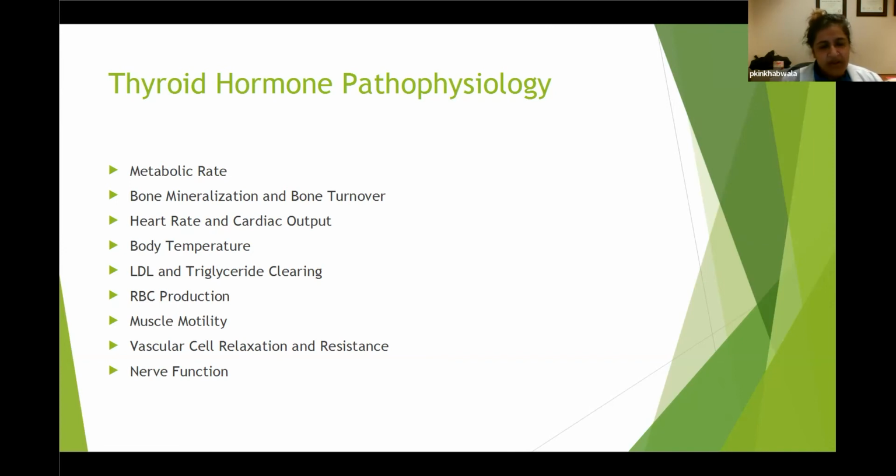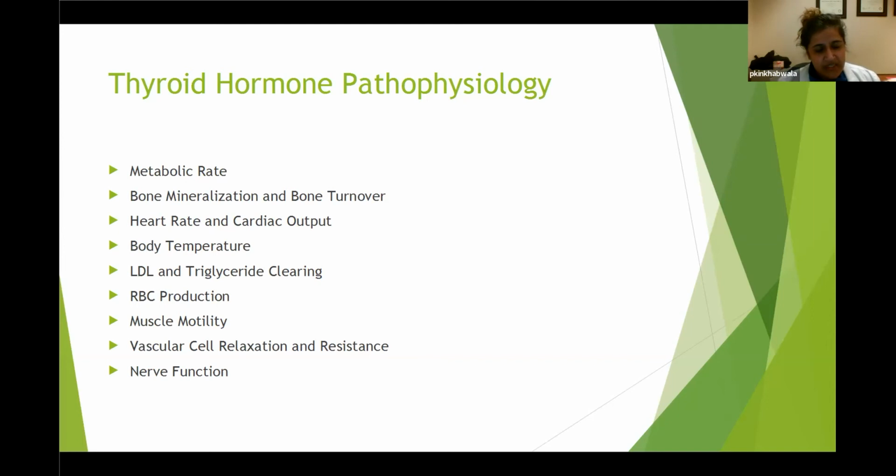And so that's another reason why we want to make sure that we're keeping that thyroid hormone within a normal range. And again, we don't leave hyperthyroidism untreated for long periods of time. If the vascular cells are too relaxed, it again impedes the blood flow getting to the necessary organs.